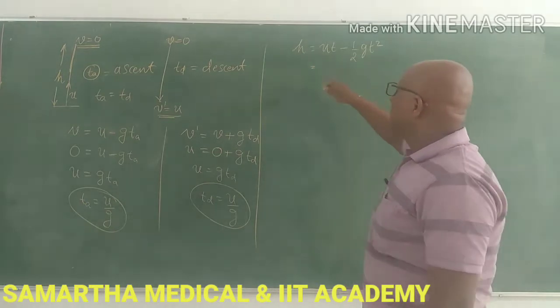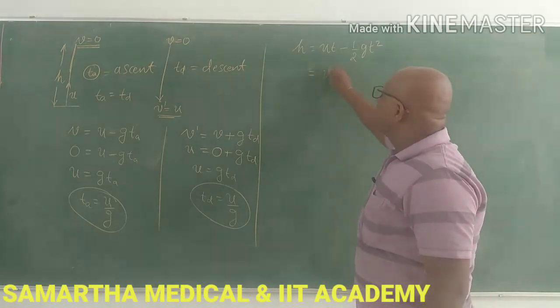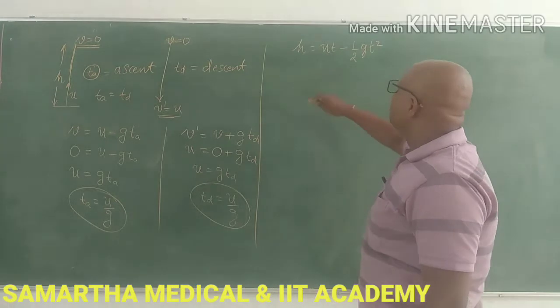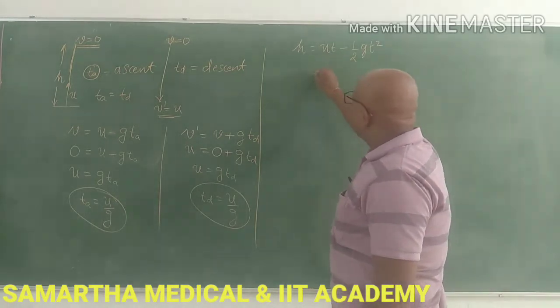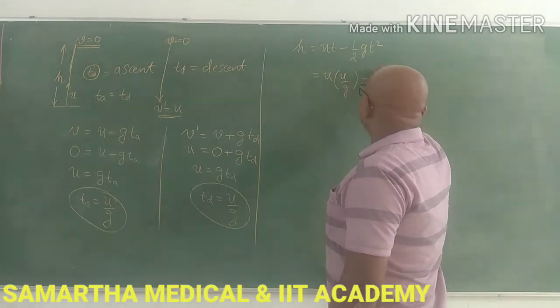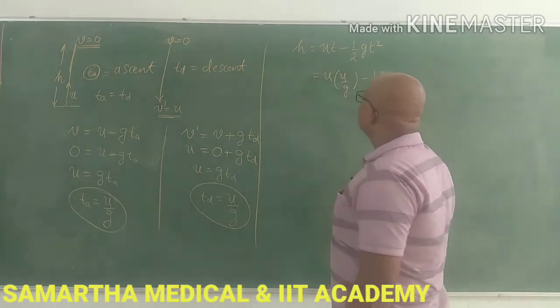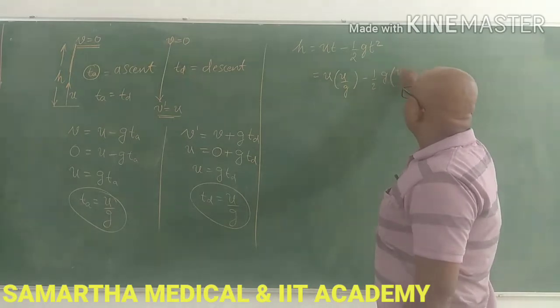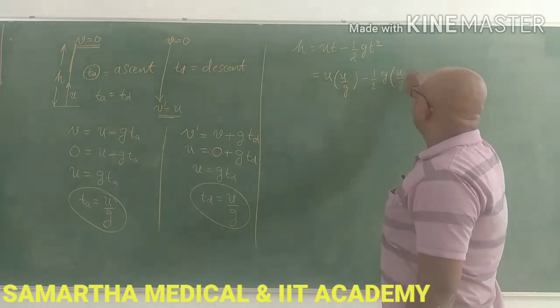So u into u by g minus half into g into t square, that is u by g whole square.